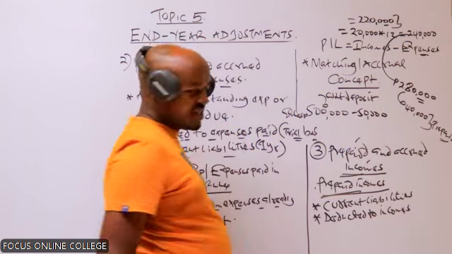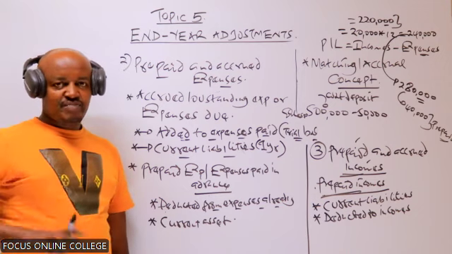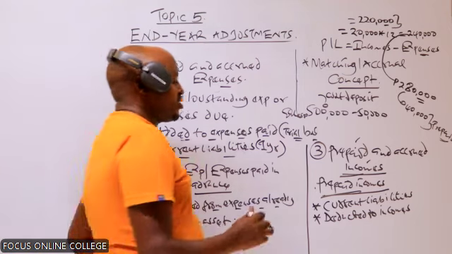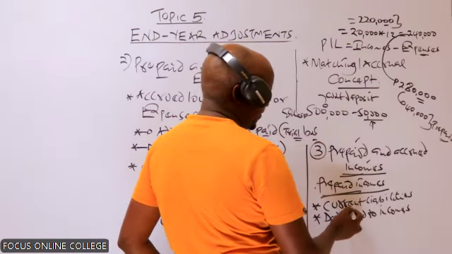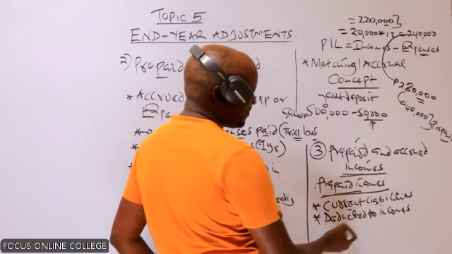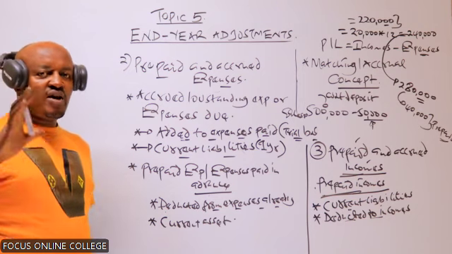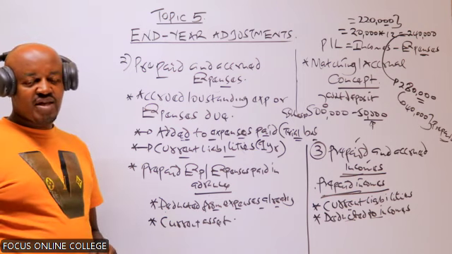So a customer deposit is basically money which a customer has paid in advance before you provide the services, before you supply the goods. So these customers' deposit, number one, when preparing the statement of financial position is a current liability, and number two, when computing the profit or loss for that year, you have to deduct that from your total sales. That amount has not been earned.